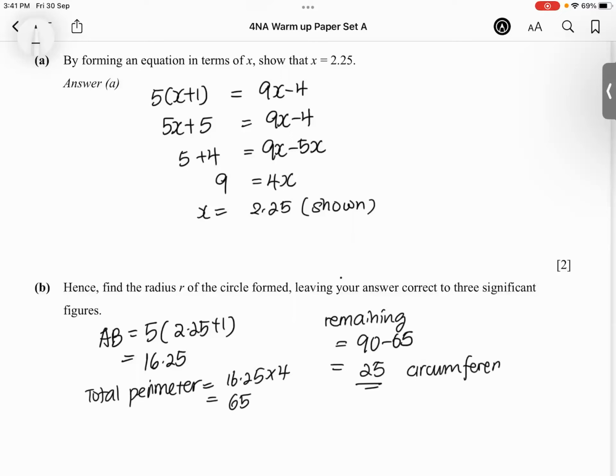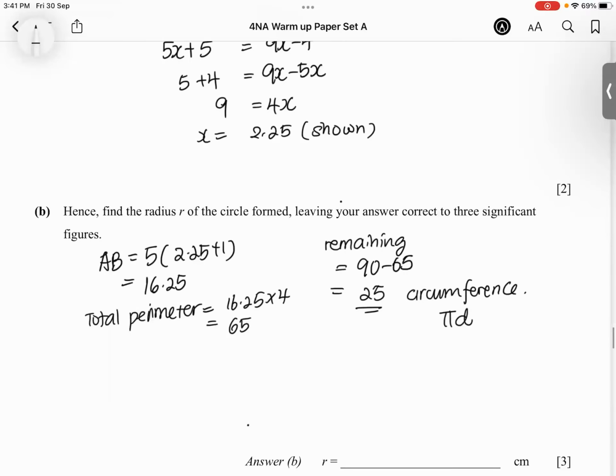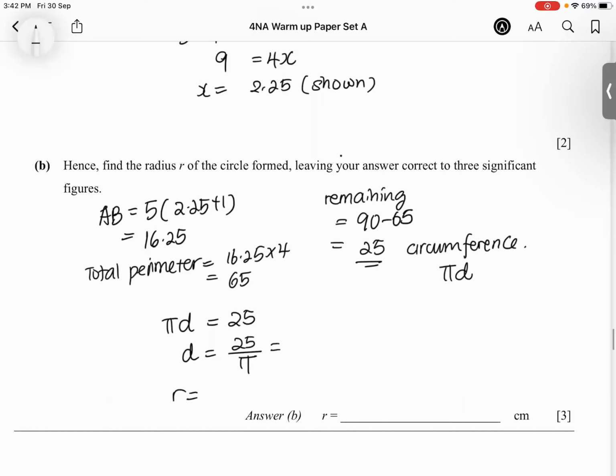circumference of the circle. Circumference is given by pi d. Pi times d is equal to 25. Diameter will be 25 over pi. I only want the radius. You take this answer, divide by 2.